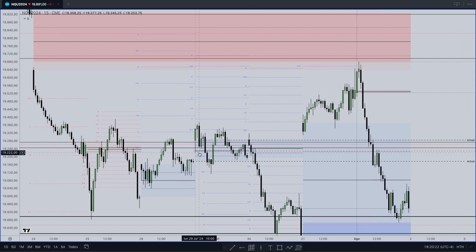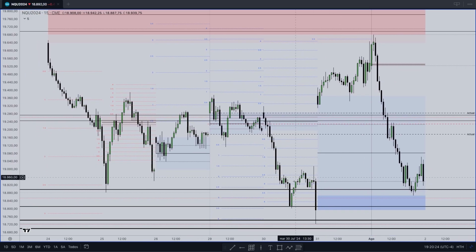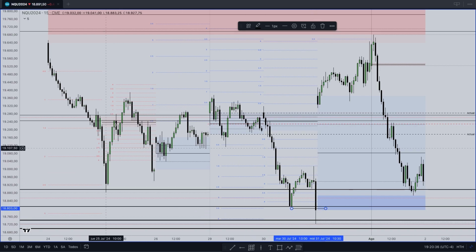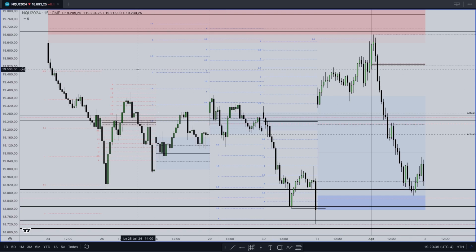So let's continue. We offset the shorts below this all low as a total sub entry, offset accumulation here, and they accumulate or unload the shorts right here.